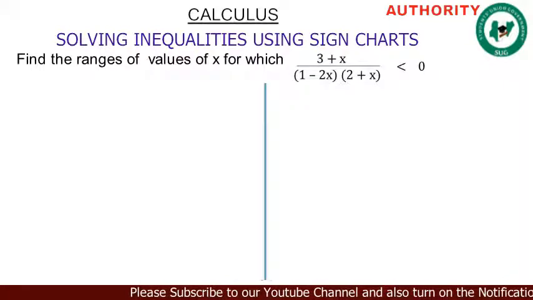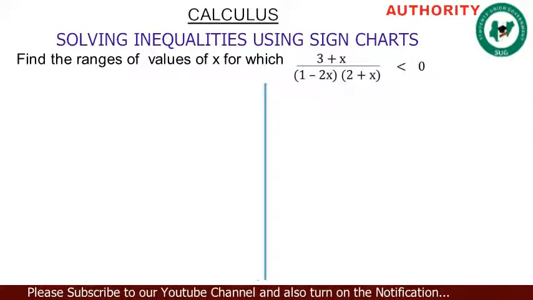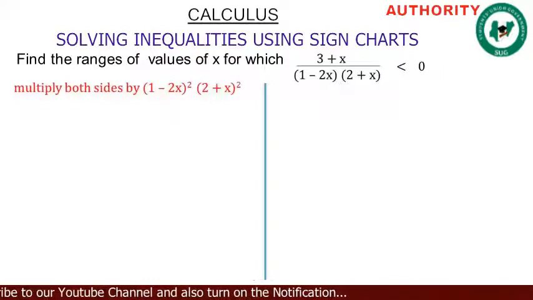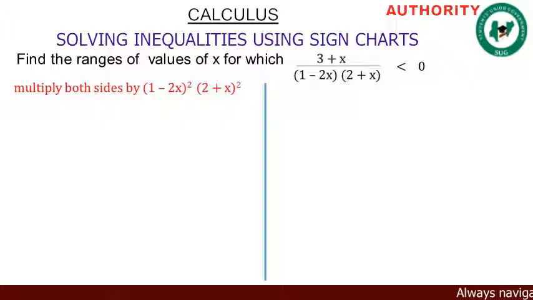We have (1 - 2x) and (2 + x), so we're going to multiply both sides by the square of these two expressions, that is (1 - 2x) squared and (2 + x) squared.